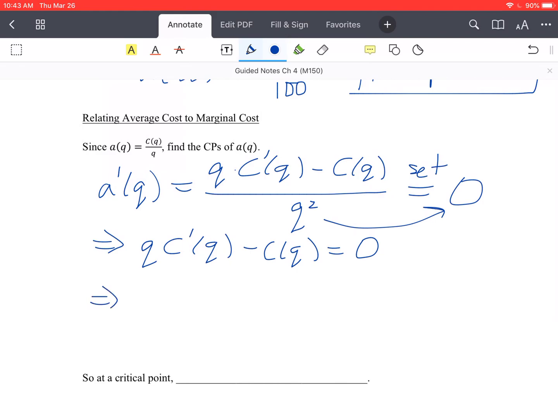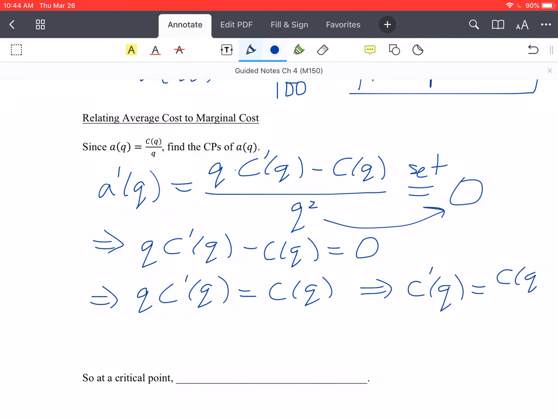Add the C of q across. So we get q times C prime equals C. And then divide both sides by q. So we get C prime equals C over q.